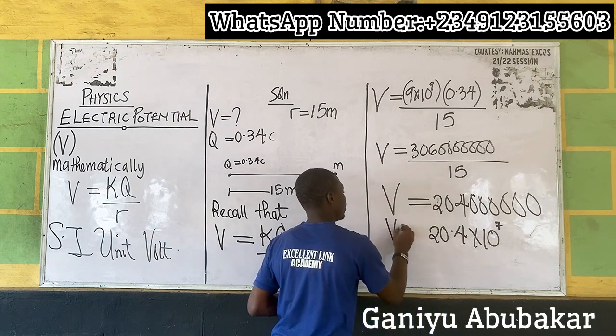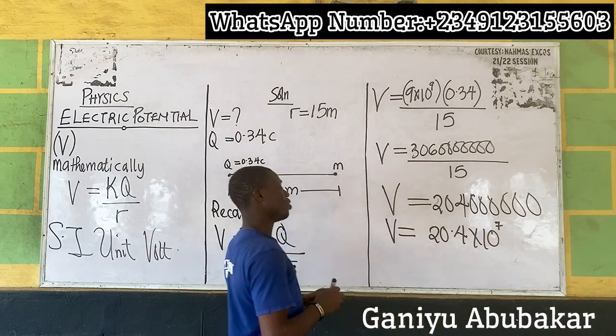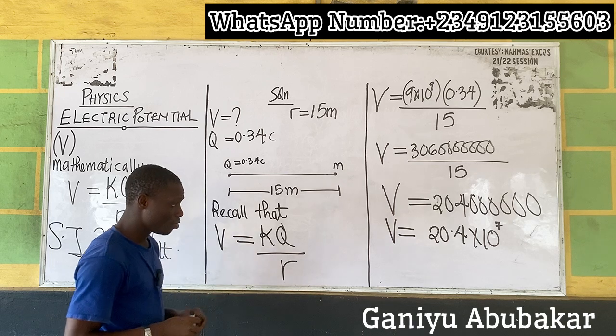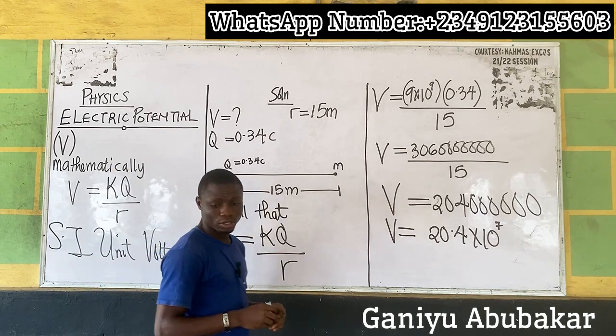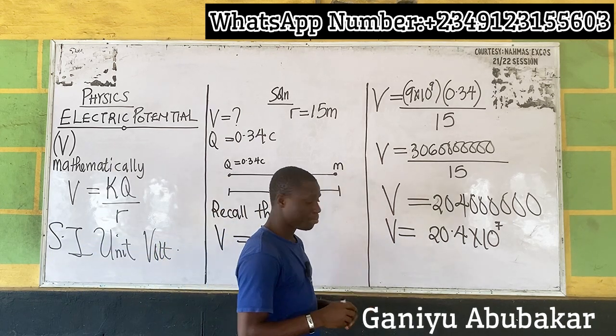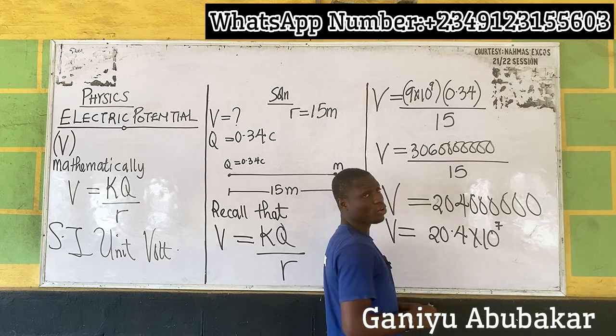So V can be expressed as 20.4 times 10 to the power 7, as shown on the board. You can leave your answer in this form, still correct.